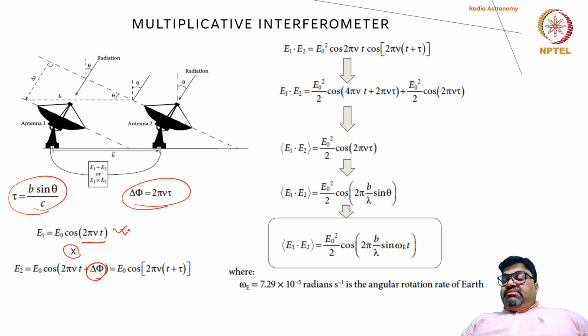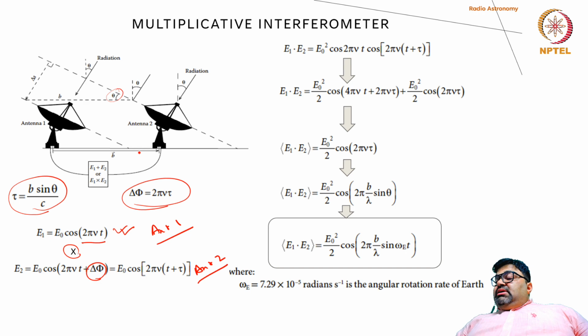So this is the response from antenna 1, and this is from antenna 2. In order to sample the same wavefront, one of them has to be delayed by this delta phi, which is just a function of theta, the direction of viewing, and the distance between the two antennas.